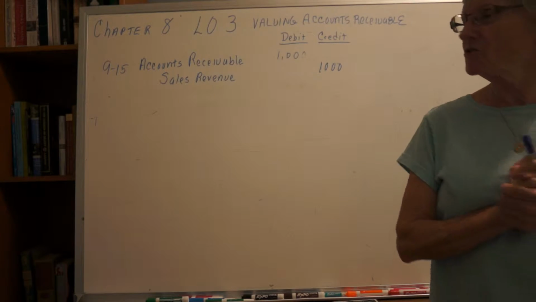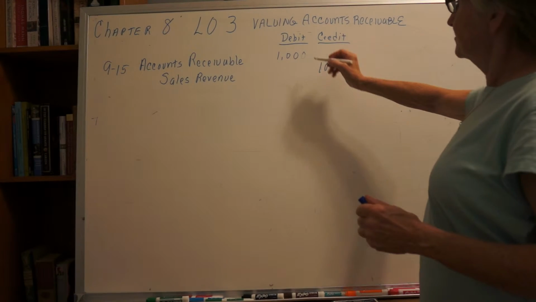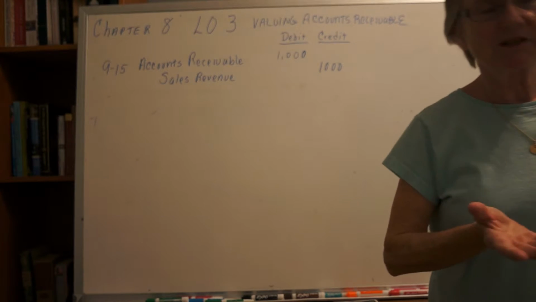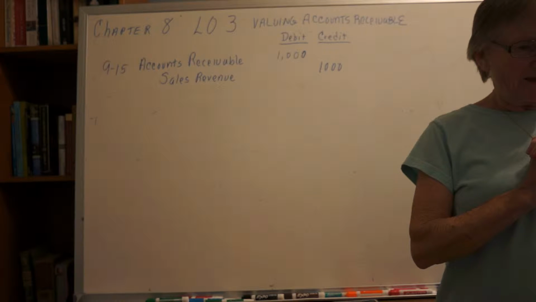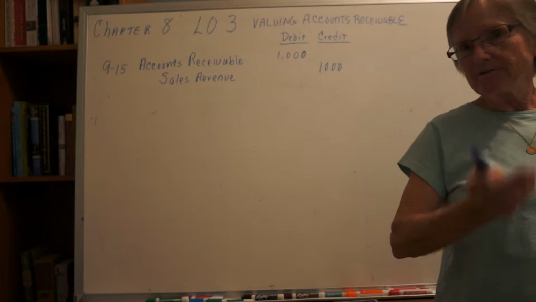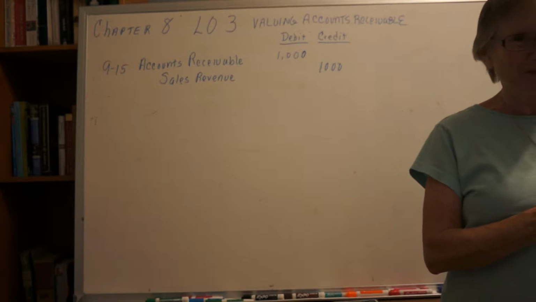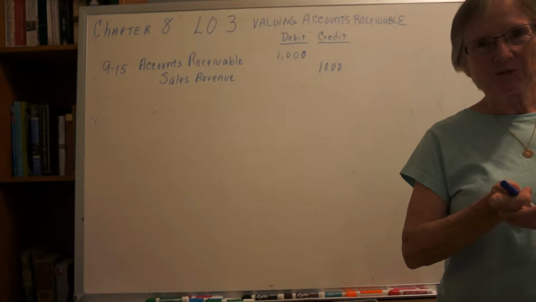So we can't just reduce the account receivable from 1,000 to 800, because that wouldn't really make any sense from an accounting point of view. We're only estimating, we're kind of guessing that we won't collect that, but we don't know for sure that we won't collect it or how much we won't collect. And we don't know which of our customers won't pay.